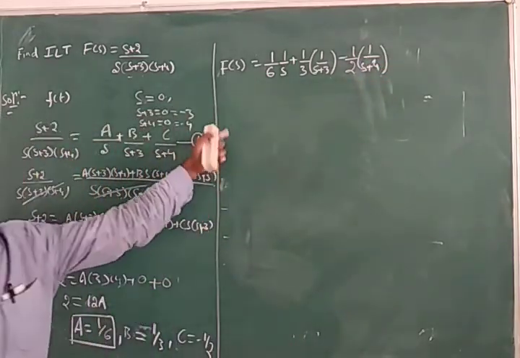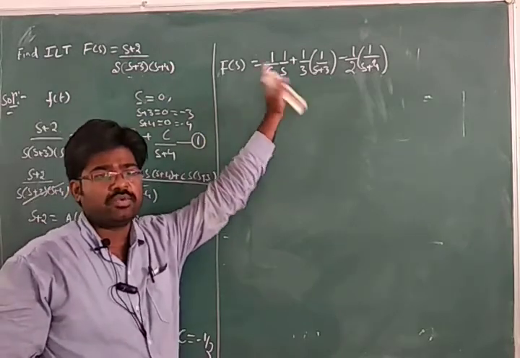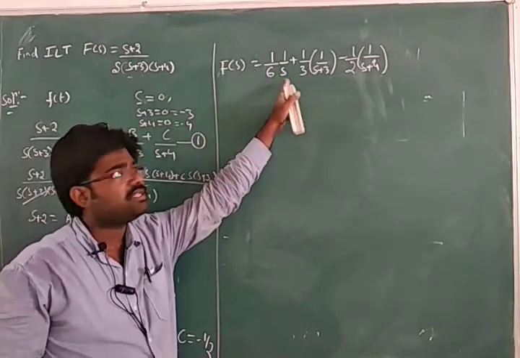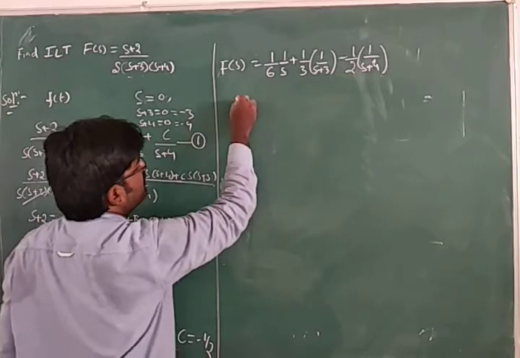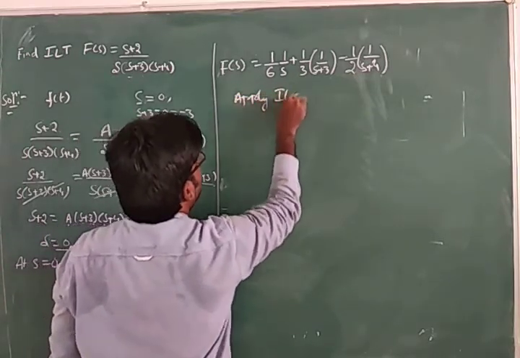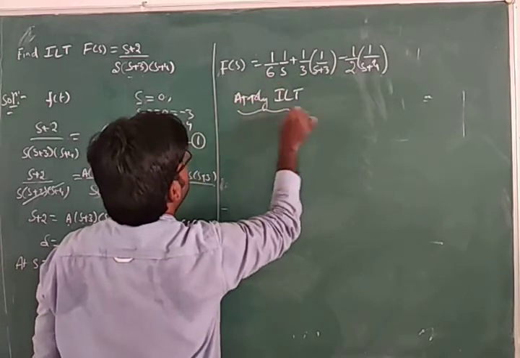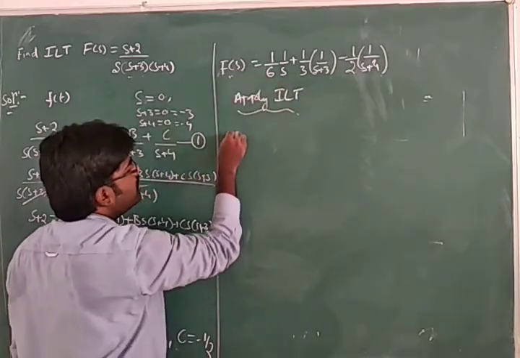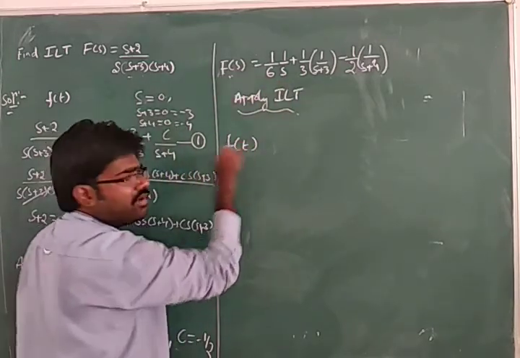So I already substituted the values of a, b, c in the given equation. Now find the inverse Laplace transformation. Apply inverse Laplace transformation. After applying it, this becomes f(t).